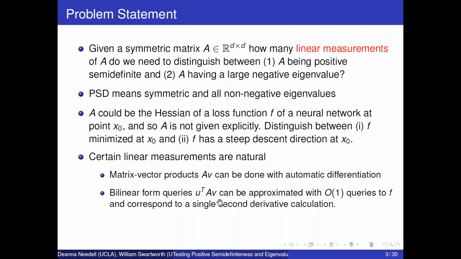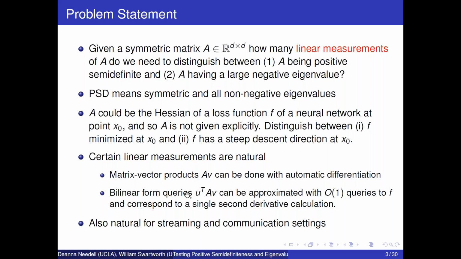U transpose AV can be approximated with only 4 queries to f using finite difference approximation, and this corresponds to a single second derivative calculation. So you can access A, this large matrix, implicitly with matrix vector products and bilinear form queries, and both of these are specific kinds of linear measurements.